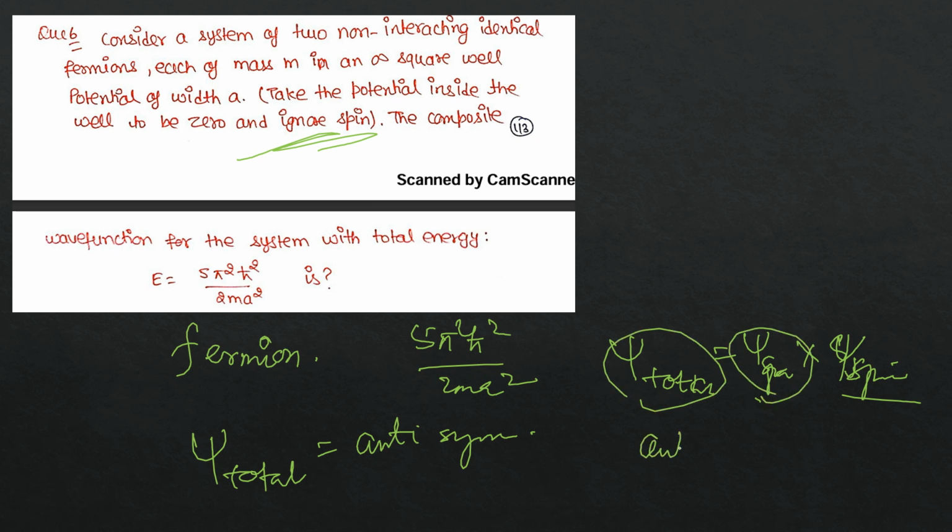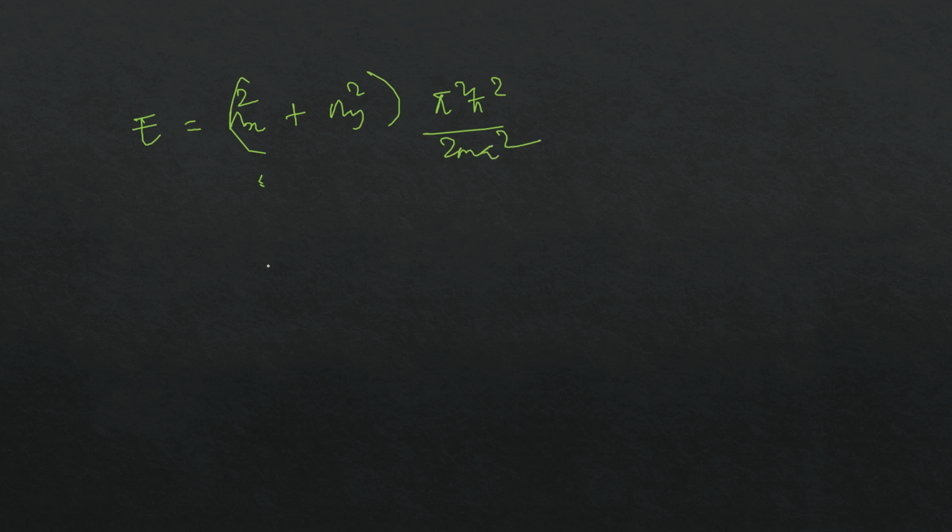Psi total is antisymmetric, so psi space will also be antisymmetric. First of all, the energy is nx square plus ny square, pi square h square by 2 ma square. So 5 is equal to nx square plus ny square.